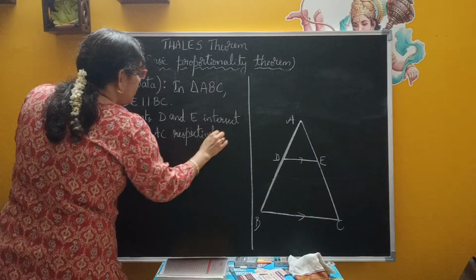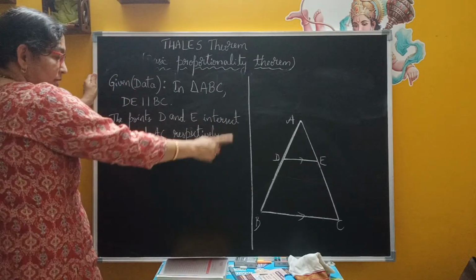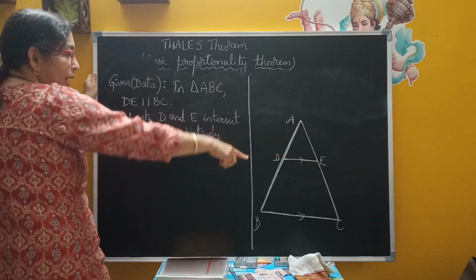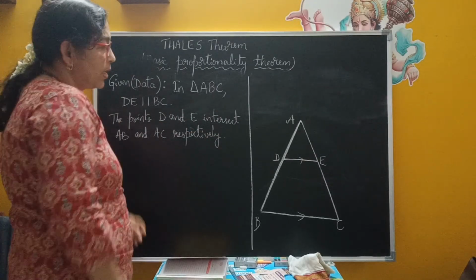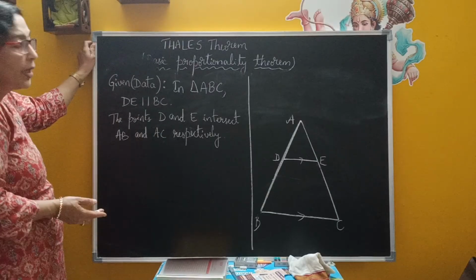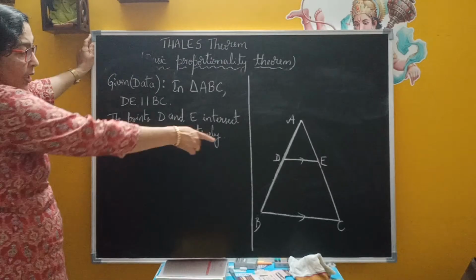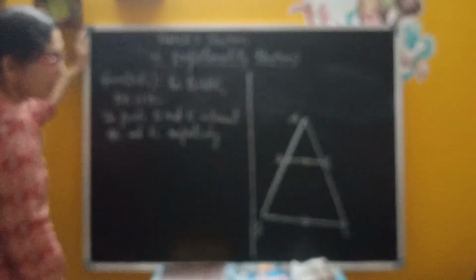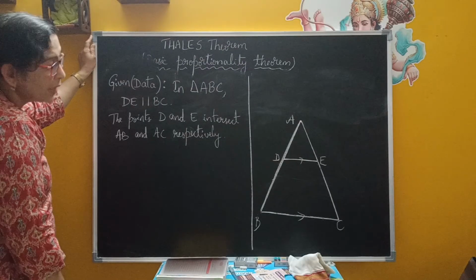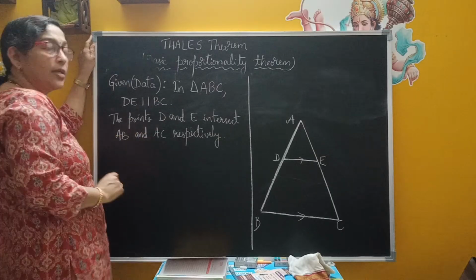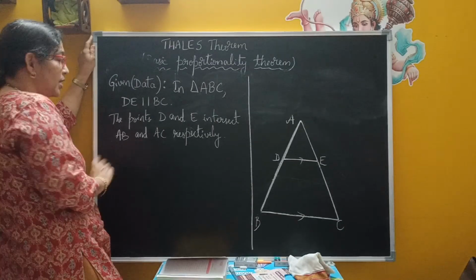That means D is here, intersecting AB, and E intersects AC. So DE is intersecting AB at D and DE is intersecting AC at point E. So D and E are points of intersection, or intersecting points.